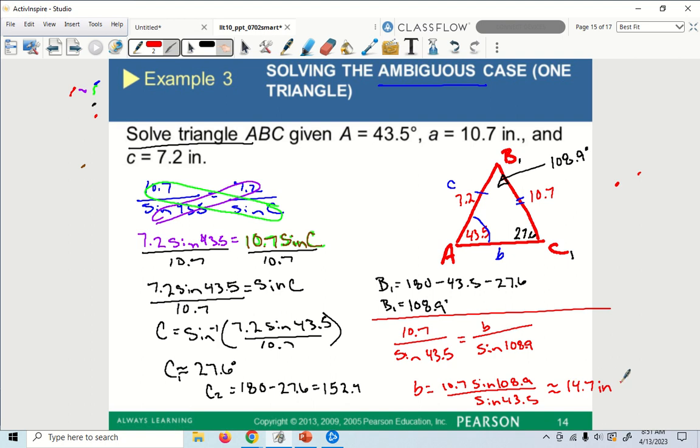Yeah. 14.7, this one's 10.7, and this one is 7.2. So if the biggest angle goes with the biggest side, you could also say the smallest angle goes to the smallest side. So the smallest angle is 27.6. Does that go with the smallest side? 7.2. Yes, it does.